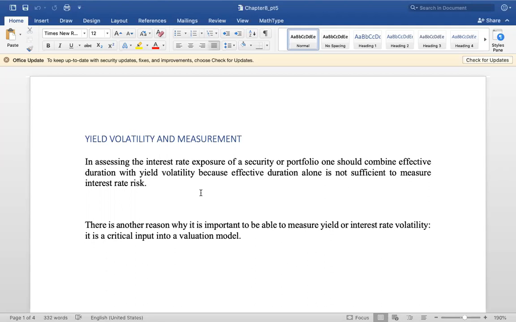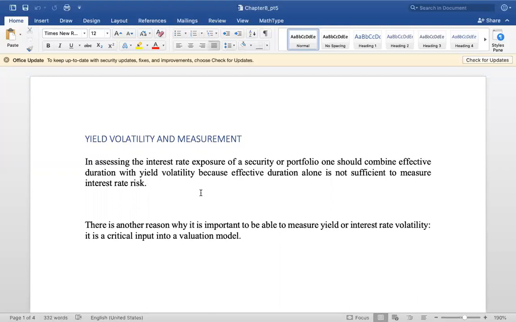In assessing the interest rate exposure of a security or a portfolio, we should combine effective duration with yield volatility, because effective duration alone is not sufficient to measure interest rate risk. Why is effective duration alone not sufficient?